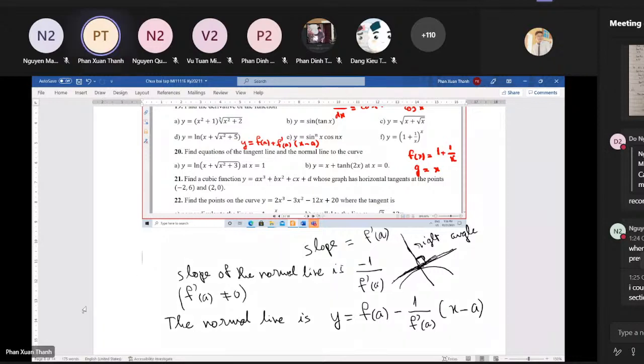Let's assume that this point has coordinates a and f(a). So we have the equation of the tangent line and the equation of the normal line. The slope of the normal line is -1 divided by the derivative of f at a.